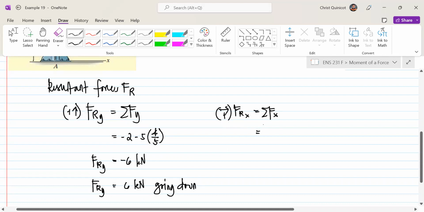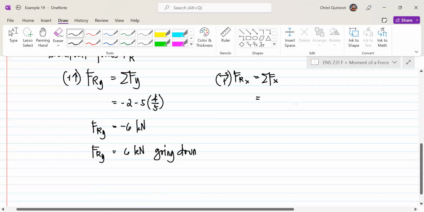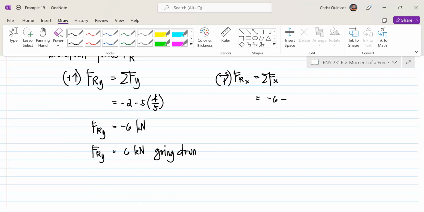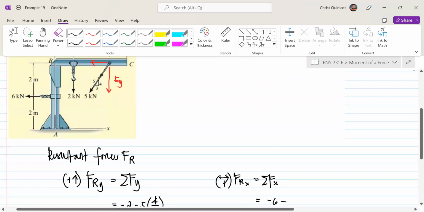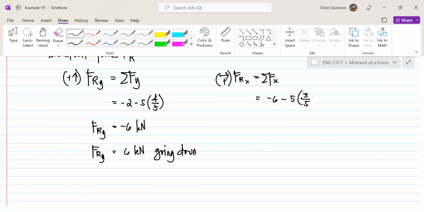So this is negative 6 kilonewton minus the x component of our 5, which is 5 times 3/5, so negative 6 minus 3, that's negative 9.